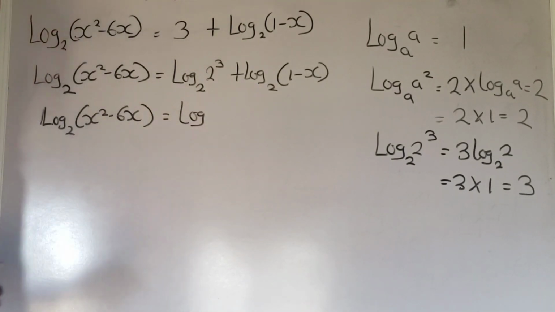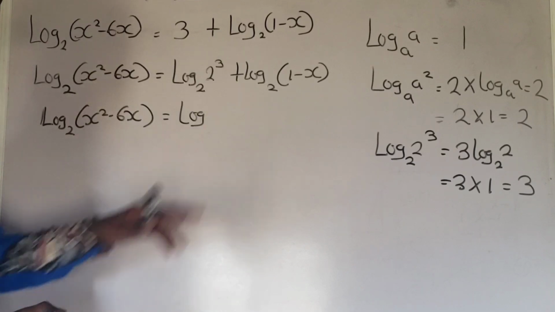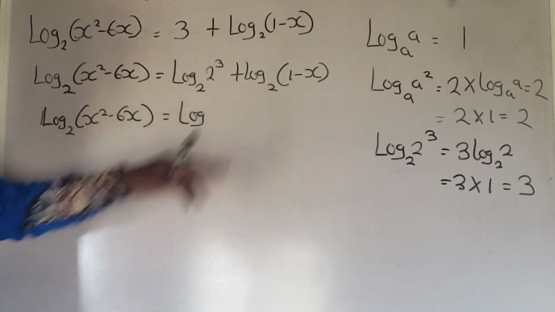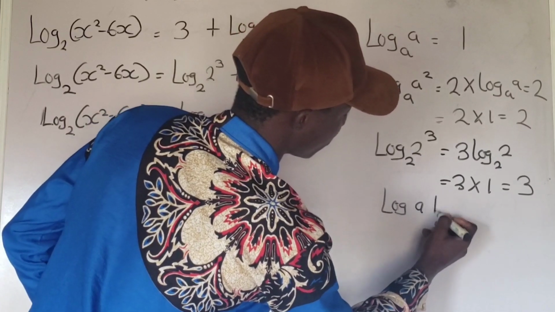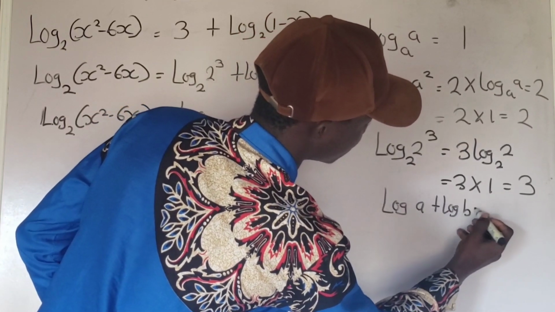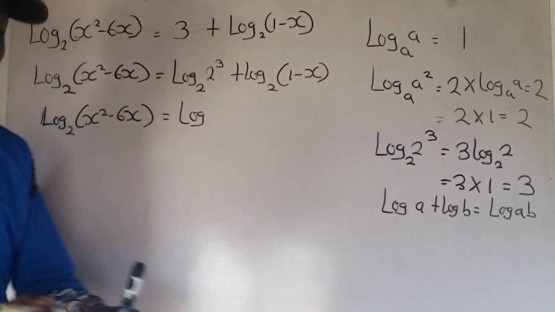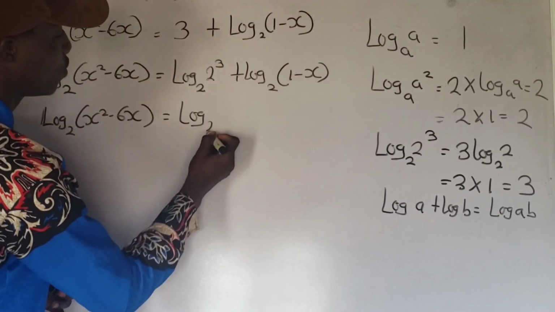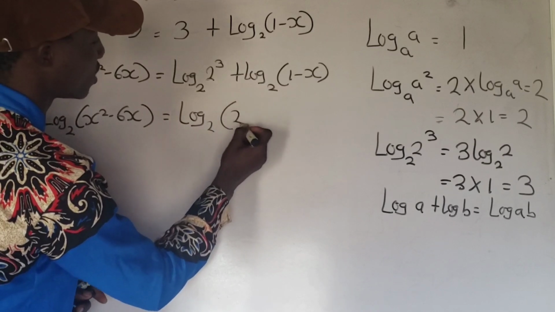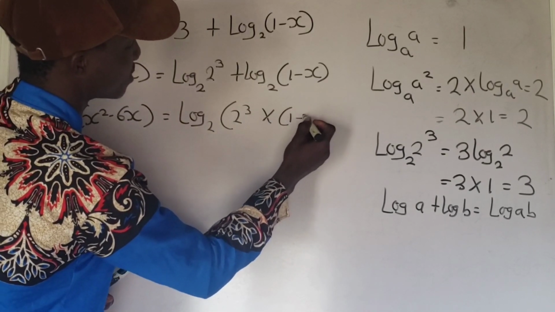Remember that from the basic rules of logarithm, log a plus log b is equal to log ab. This is one of the basic rules of logarithm, the addition law. So for this I'm going to have log base 2 of (2 raised to the power of 3 multiplied by (1 minus x)).